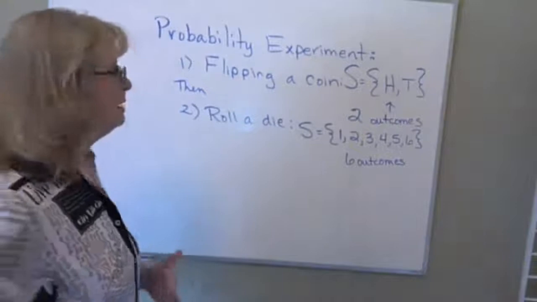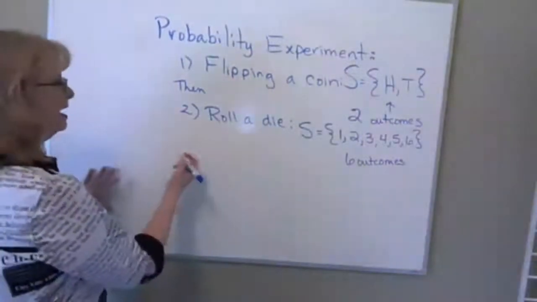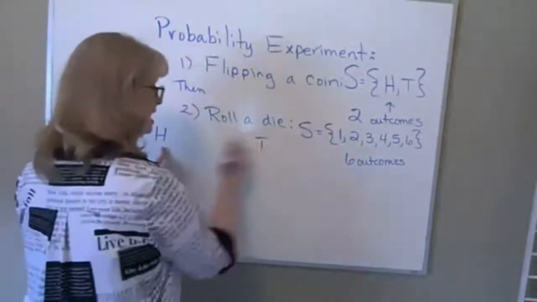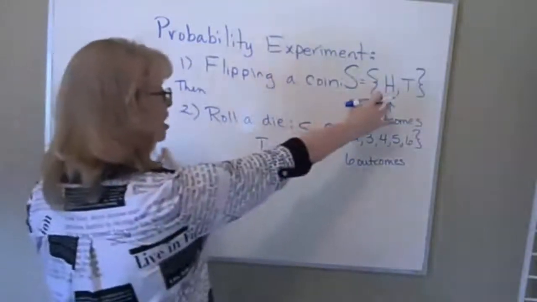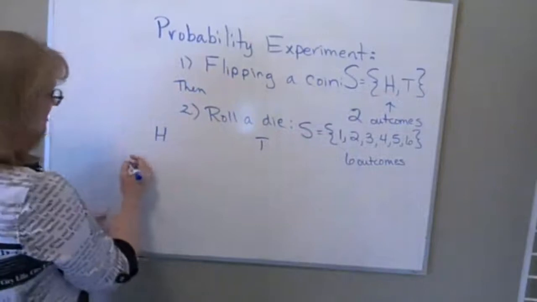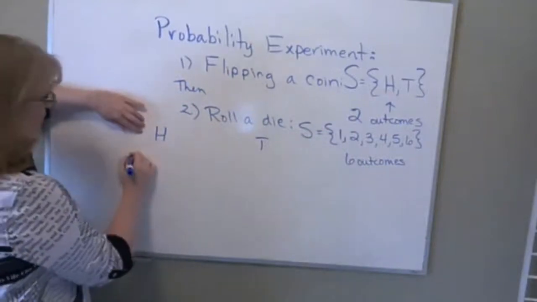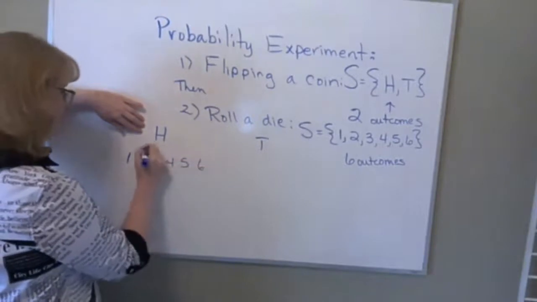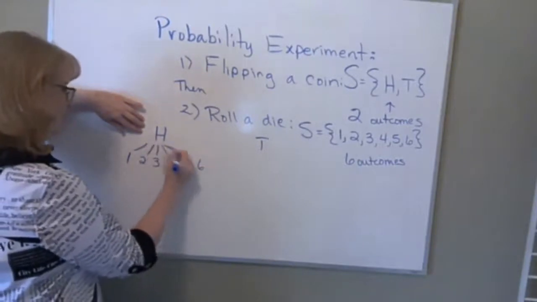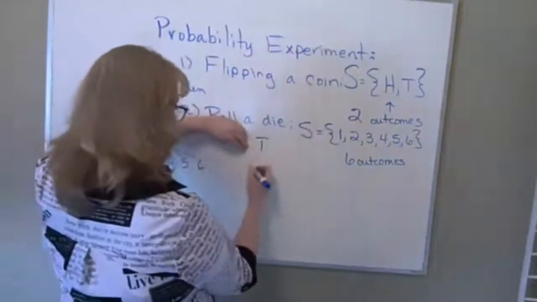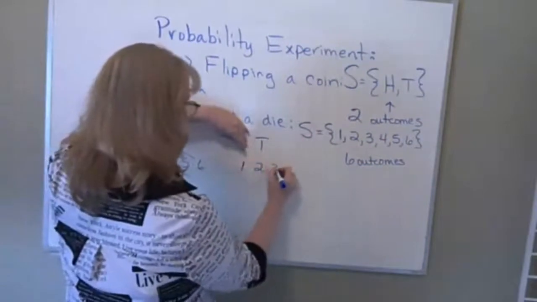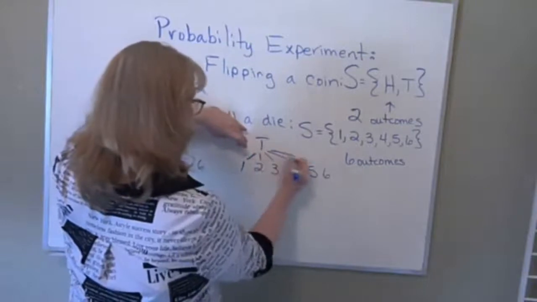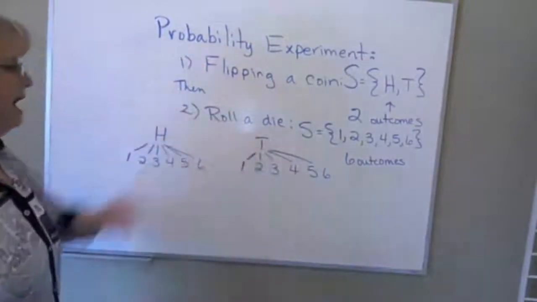And this is what we mean by that. So remember, we could have gotten heads or tails on the coin. And then if we got heads on the coin, we could have gotten 1, 2, 3, 4, 5, 6 on the die. Or if we got tails on the coin, we could have gotten 1, 2, 3, 4, 5, 6, any of these on the die.